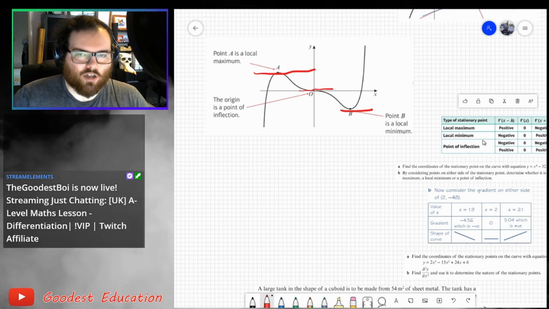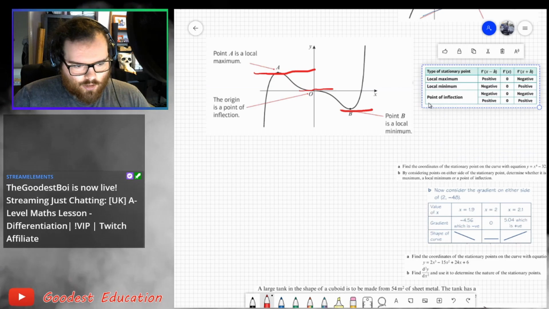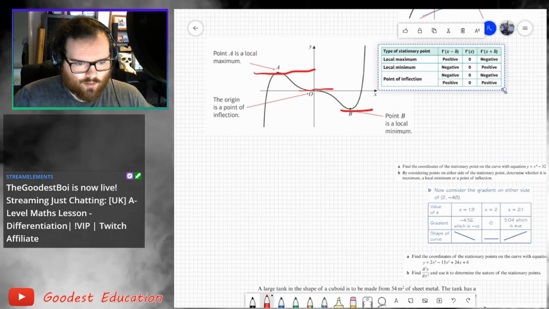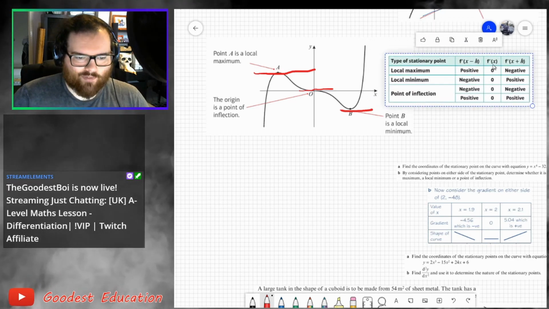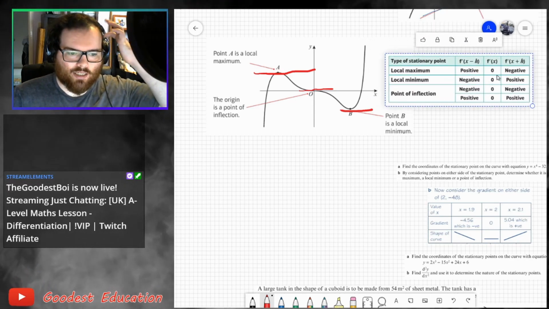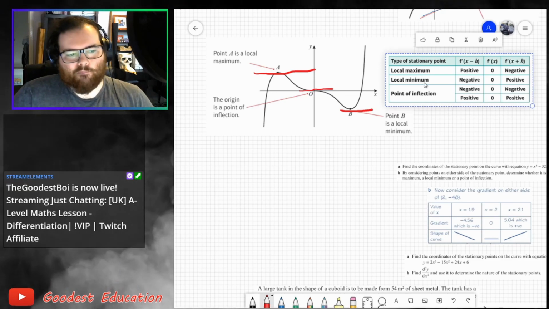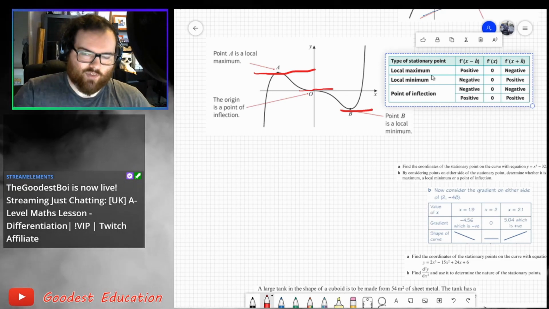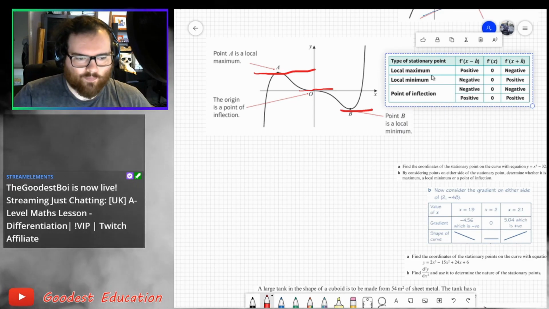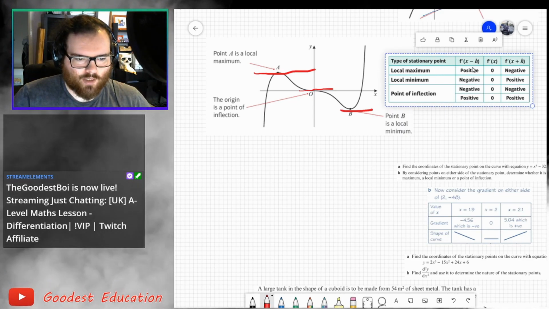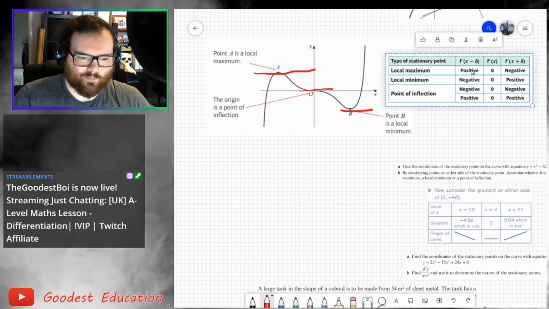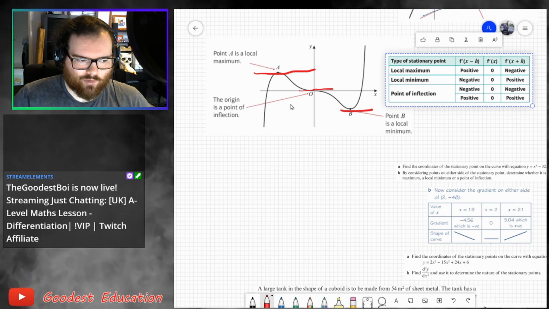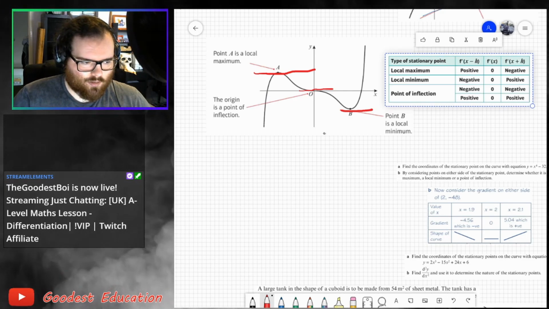And these are all called stationary points. So a stationary point is when the gradient, or f'(x), is equal to 0. But the nature of that stationary point you can find by looking either side of the point. So for a local maximum, just before the stationary point, the gradient is positive, as we can see here.